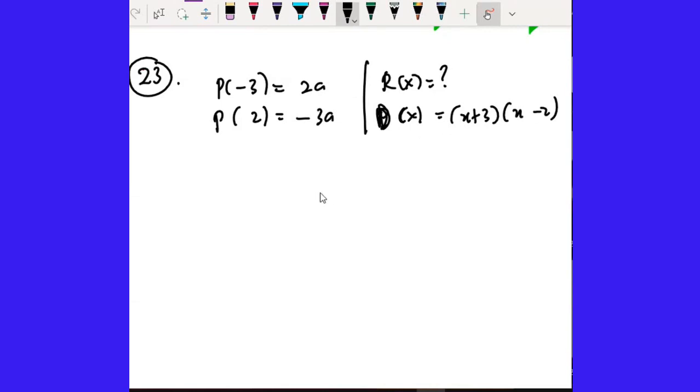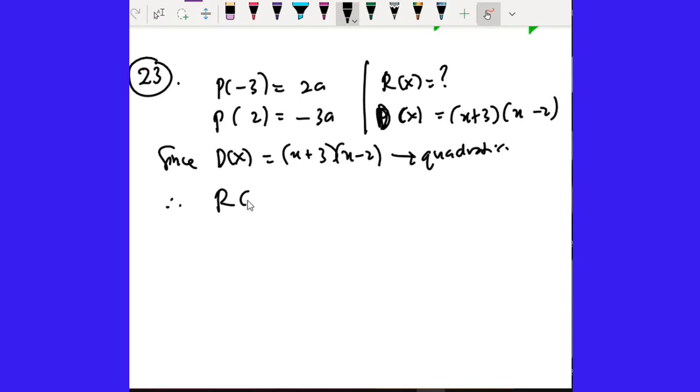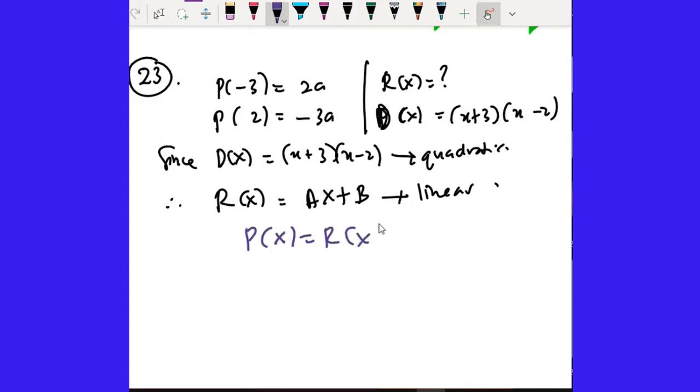Kalau you nak direct, since (x plus 3)(x minus 2) is quadratic, therefore R(x) is ax plus b, linear. So direct lah you boleh buat.